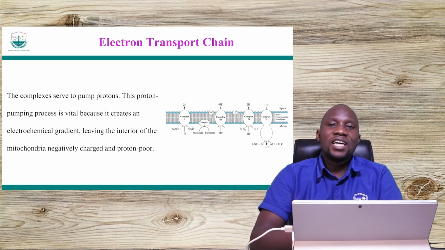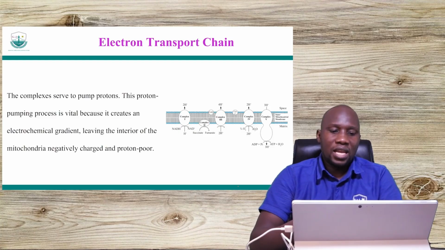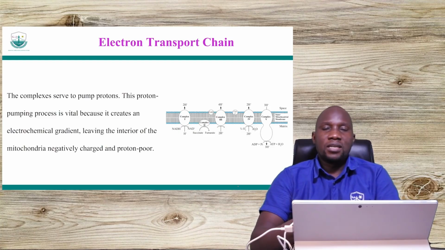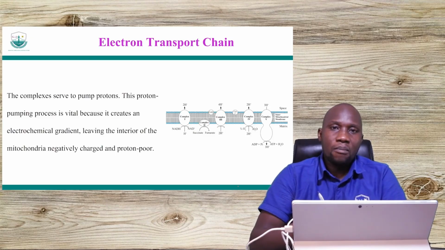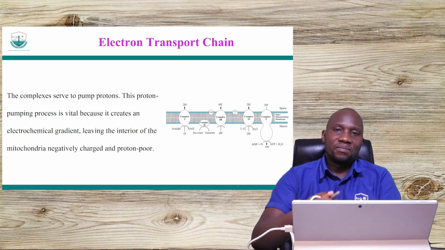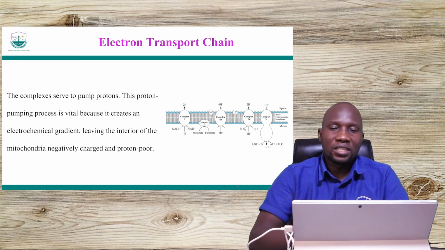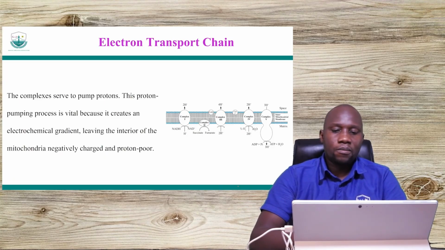Okay, and that energy that is released is actually used to pump protons. Protons are hydrogen ions. Okay, and these protons are pumped into the intermembrane space, and that is what creates a gradient. Okay, so you have a gradient of hydrogen ions, and we call it the electrochemical gradient.